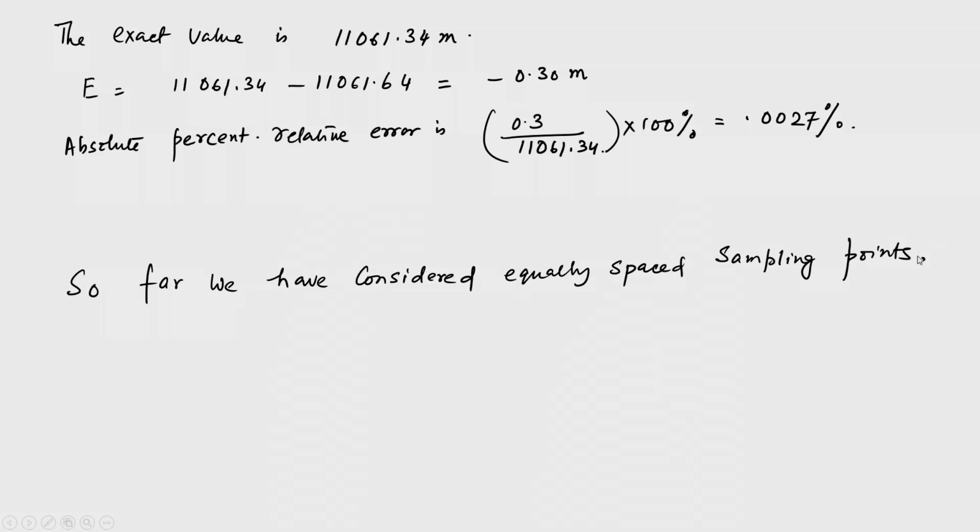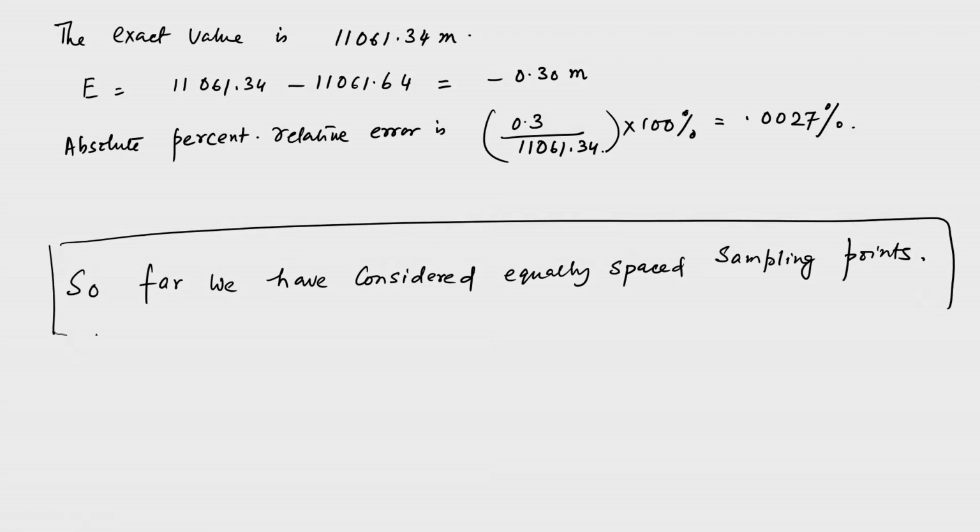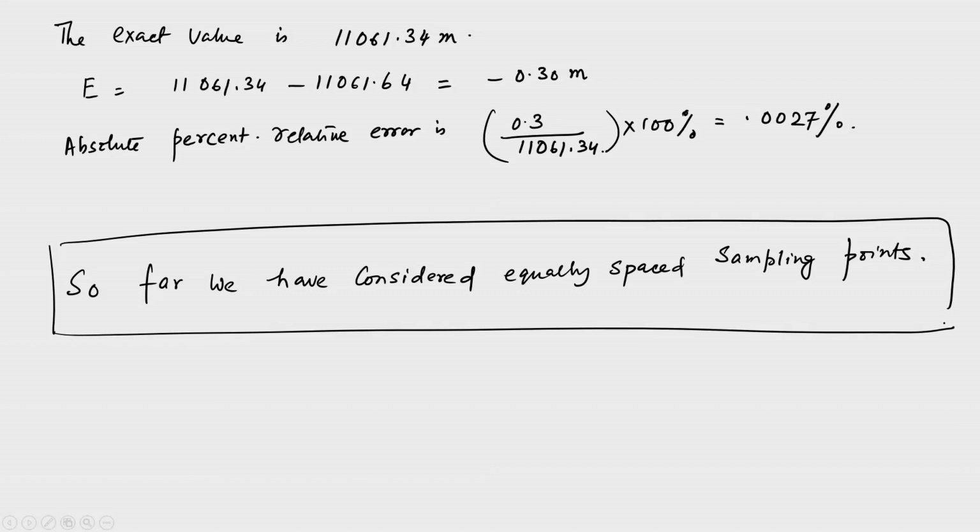Okay. And it could happen that in a particular experiment you do not have these equally spaced sampling points, and then these Newton's interpolation formula cannot be used. But as we have said that the Lagrange's interpolation formula can still be used, which really does not require equally spaced points. But here we will discuss another method to handle points which are not equally spaced.